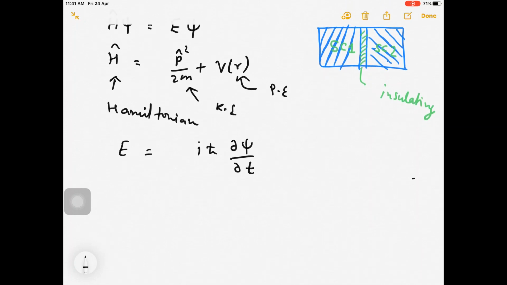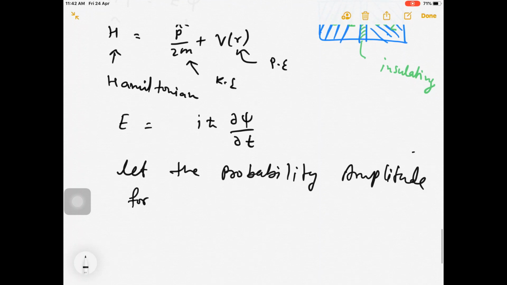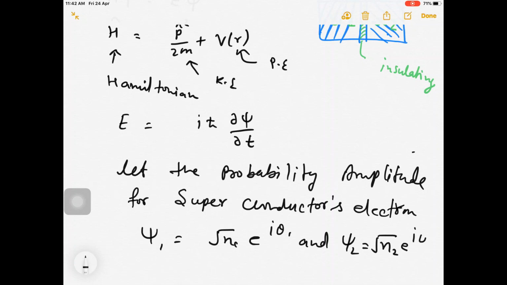Here we are discussing the DC Josephson effect, and let the probability amplitude for superconductor electrons be psi 1 equals under root n1 exponential iota theta 1 and psi 2 equals under root n2 exponential iota theta 2.